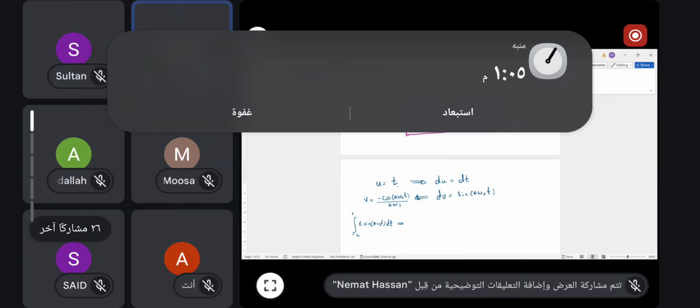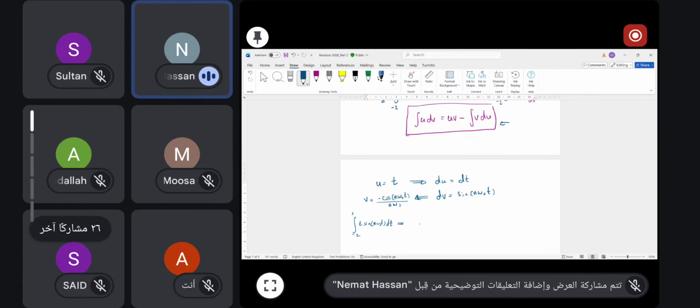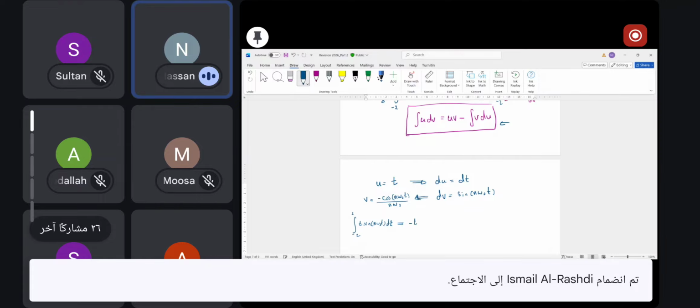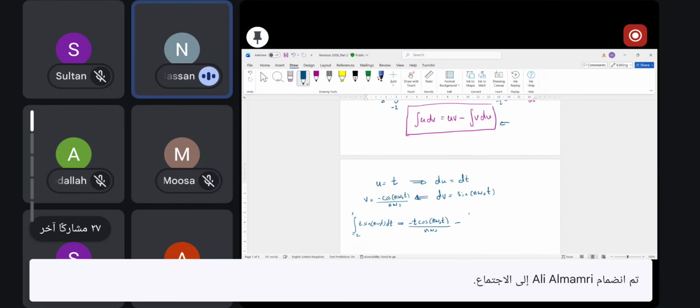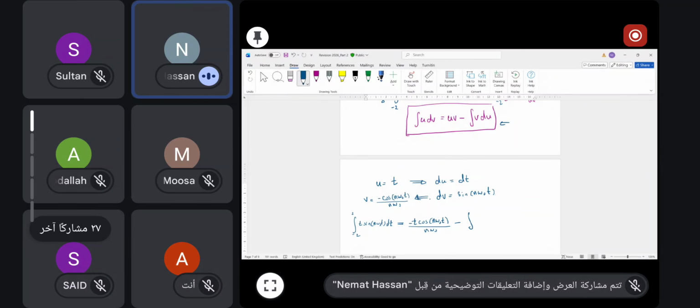So u is t, times v, which is minus cosine. So minus t cosine n omega naught t over n omega naught. That's the first term. Minus the integral of v times du. V is what? Minus cosine n omega naught t over n omega naught. Du is what?